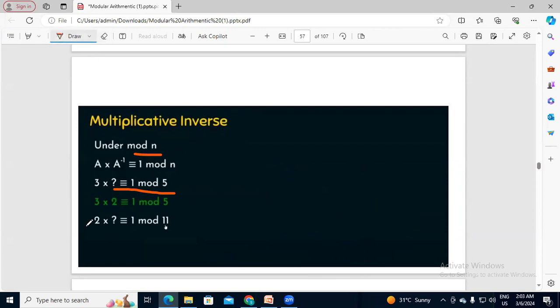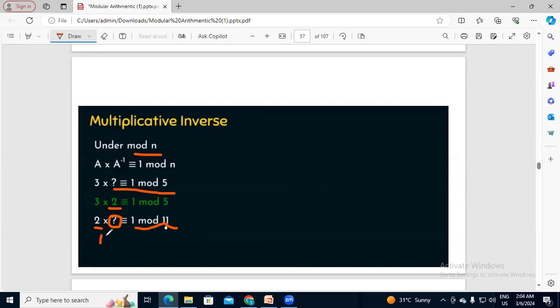I hope you have understood it, right? So what will be that multiplying factor which will give 1 mod 11? So 2 into 6 will be 12, right?